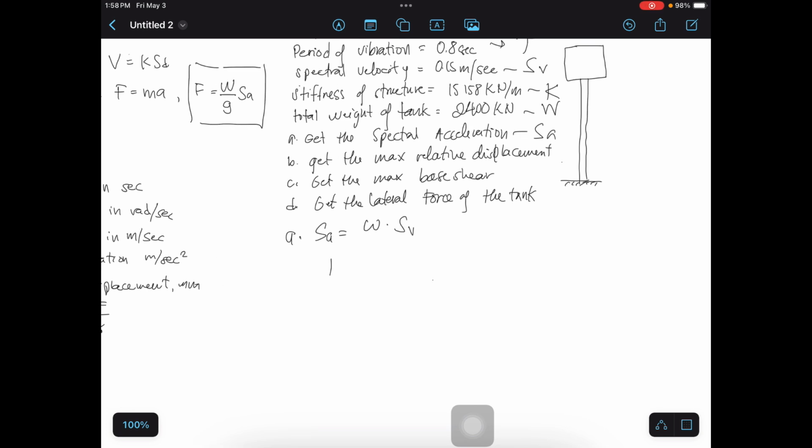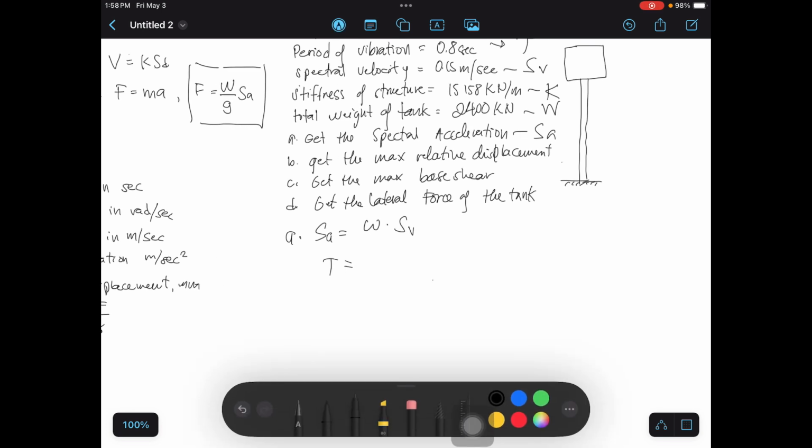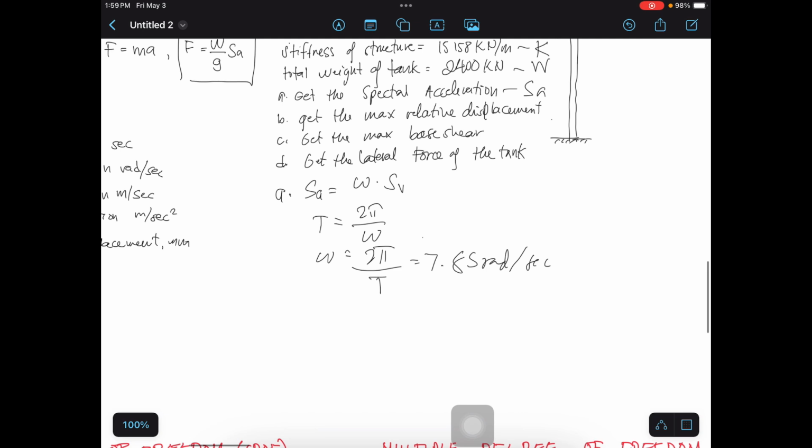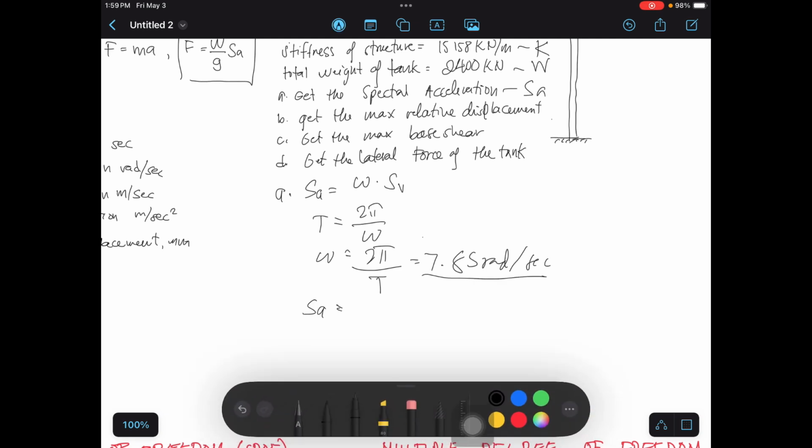So, since meron tayong formula for period na 2 pi over omega, we can derive also yung value ng omega. So, our frequency or the omega is equal to 7.85 radians per second. So, we can substitute this value dun sa formula ng SA.